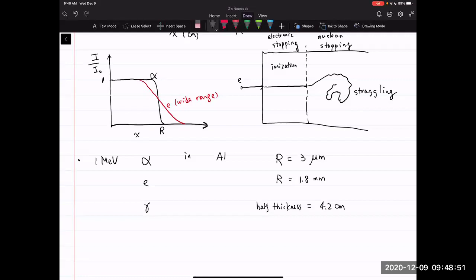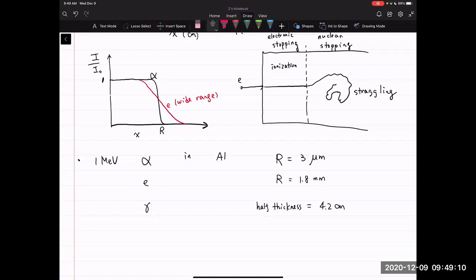Okay, and this has huge consequences. It can tell us what kind of materials and equipment we want to use to shield those radiations. For alpha particles, there's really no need to worry too much because they only get into the micrometer range.